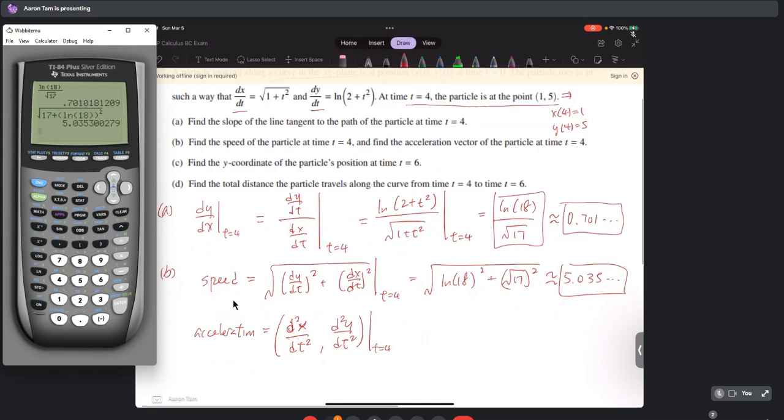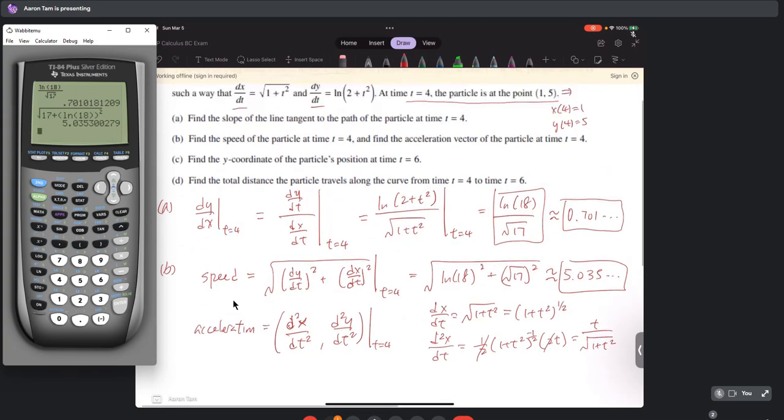So if I have dx over dt equal to radical 1 plus t squared, that means 1 plus t squared to the 1/2 power. d squared x over dt squared would equal 1/2 times 1 plus t squared to the negative 1/2, multiplied by 2t. So the 2 and the 1/2 cancel, and we have t over square root of 1 plus t squared, because that's what the negative 1/2 power means.